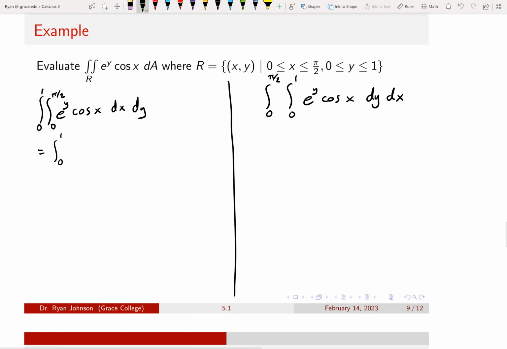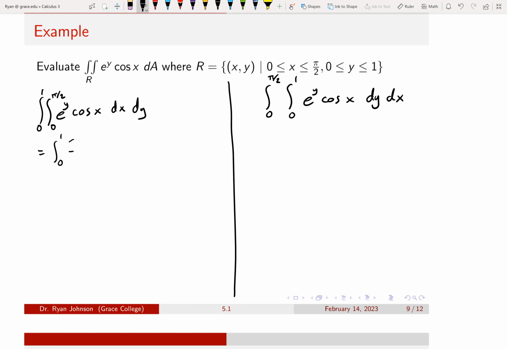So you would get e to the y sine of x, x going from 0 to pi over 2, with dy still on the outside. Wait, it's not negative, because the derivative of sine is cosine, so it's positive. Plugging in 0 for x gives me 0, and plugging in pi over 2 will give me 1.